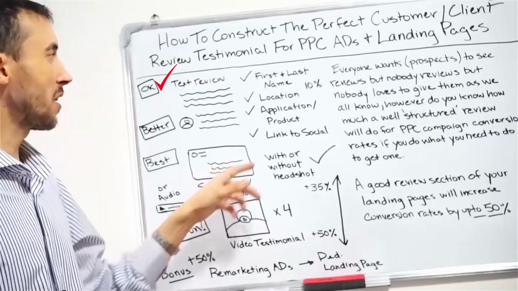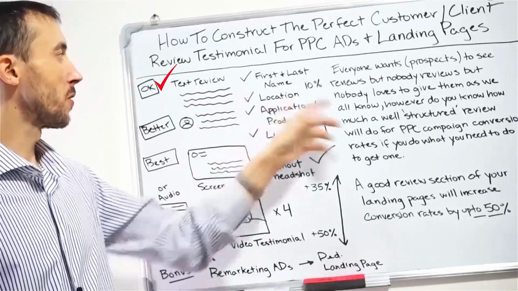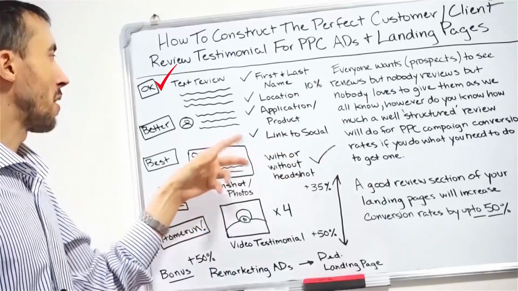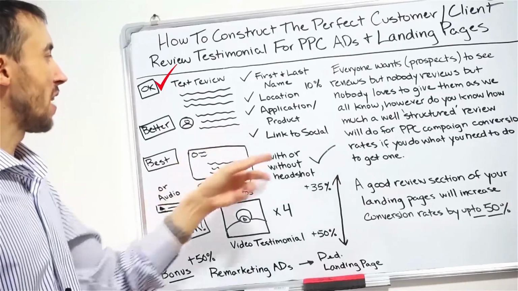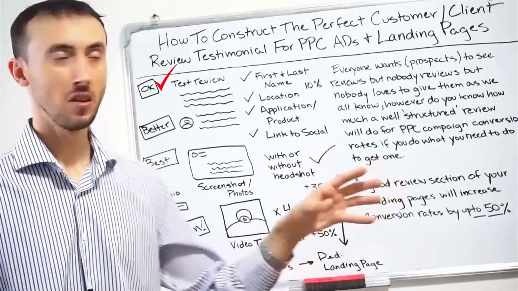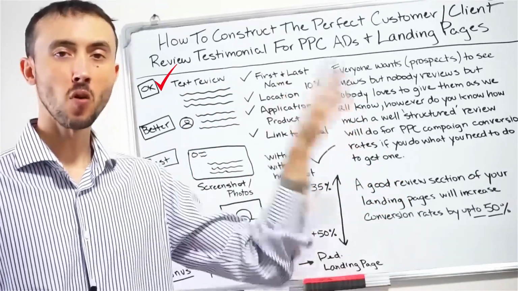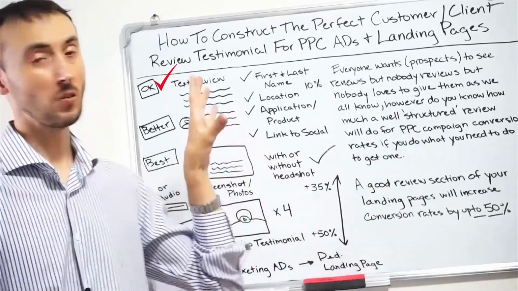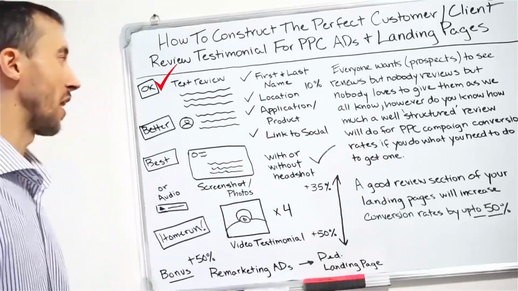So respectively, if having a testimonial with first and last name on it by itself gets you a 10% increase, you might get a 15 to 20% increase if you have their headshot, and then if you have the link to their social, now you're approaching 30% increase. The more pieces of information that you're offering here to make it more and more real, respectively, that's what it's all about. The more you're going to get, basically, okay?